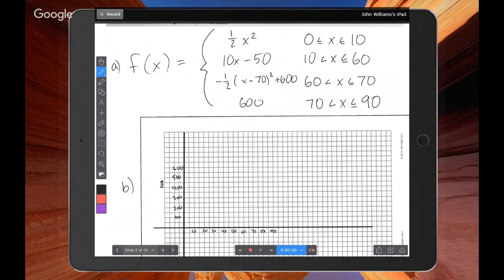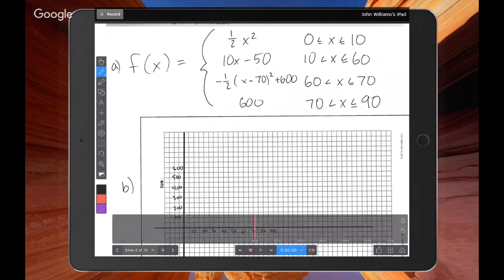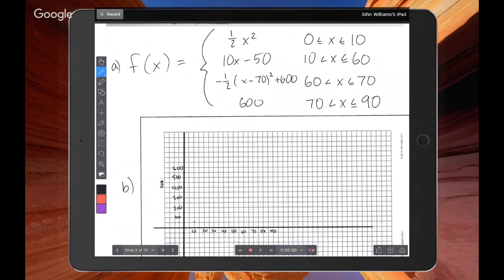10 gives me 50, so I'm going to plot that point. 10, 50. And I know that's a parabola in that section. Then I've got between 10 seconds and 60 seconds. I go the next 550 meters. So that takes me to here, and that's linear.